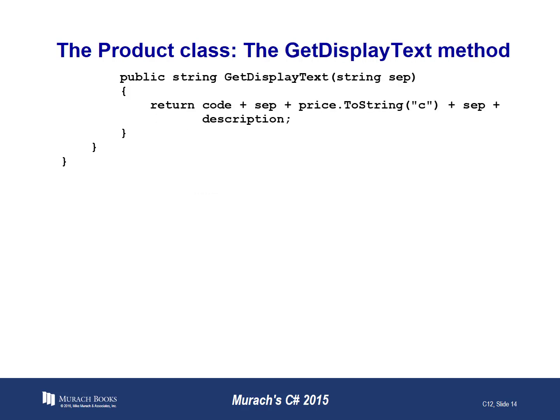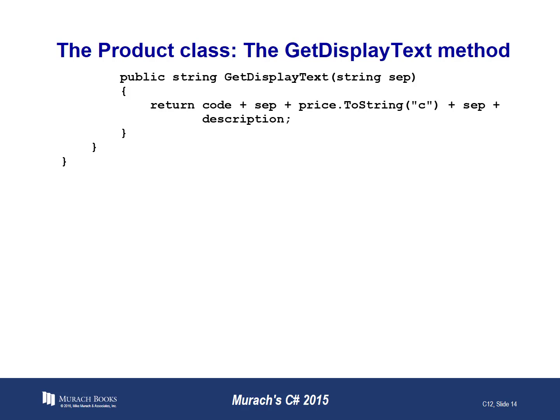In addition to our 3 properties for our product class, we also have one method. It's called GetDisplayText. It does receive a single parameter, which is a separator, a string. When the user asks for the GetDisplayText to run, it's going to return our private variable code and then append to that the separator.